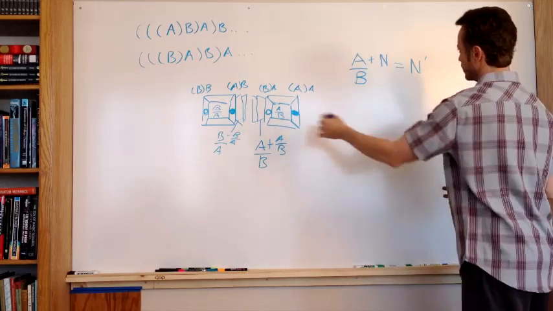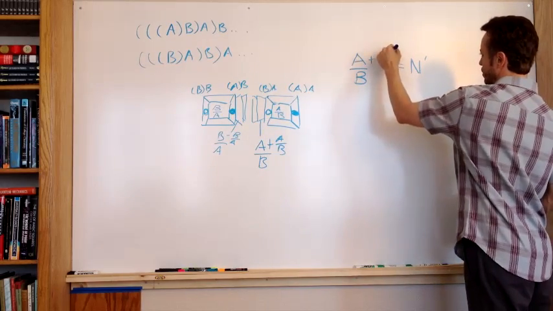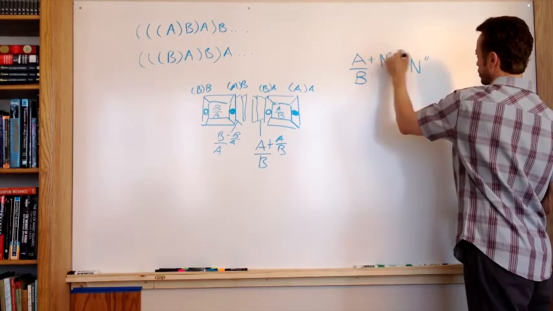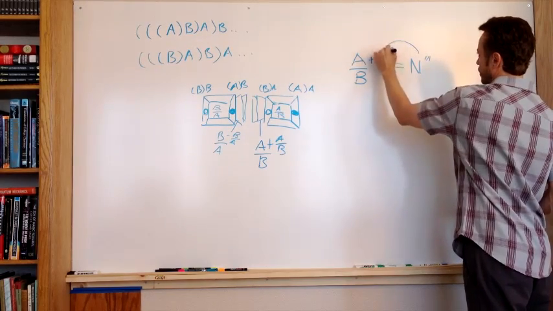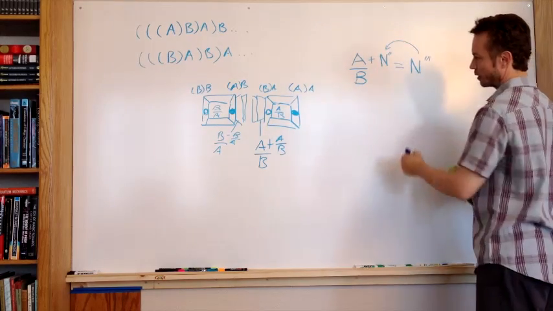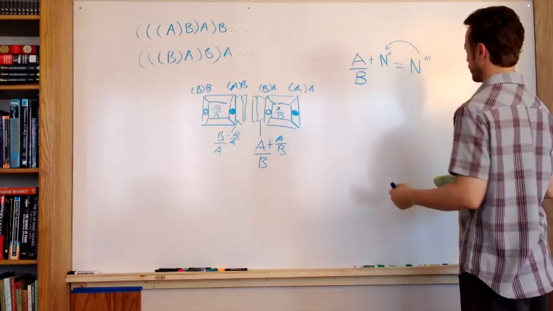And because this continues, this becomes N prime, and this becomes N double prime, this becomes N triple prime, and it just keeps going.